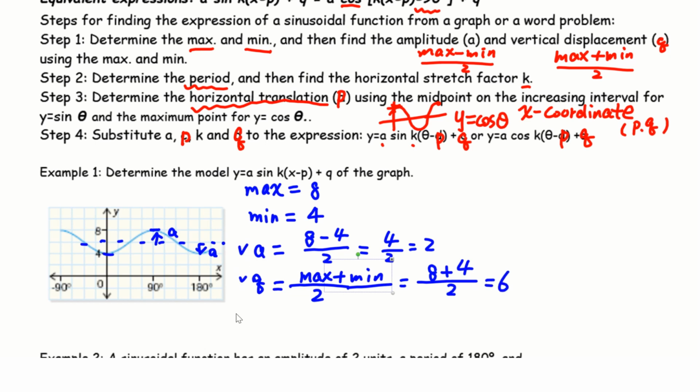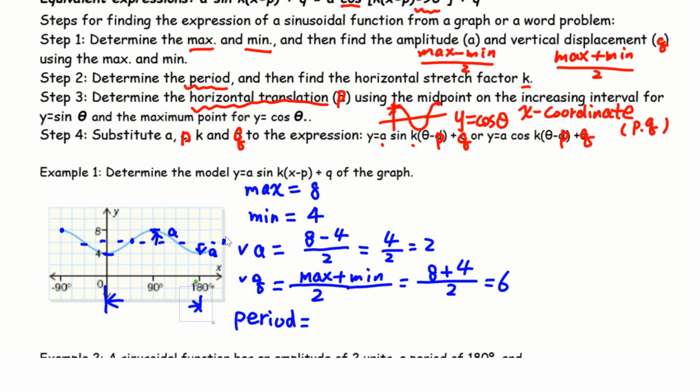Now we want to find the period. Then from the period we are able to find the k value. The period we find either from lowest point to lowest point, or maximum to maximum, or minimum to minimum, or from the middle on the increasing to the next middle on the increasing.